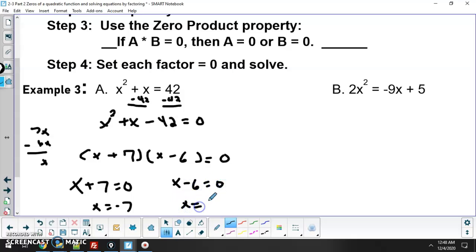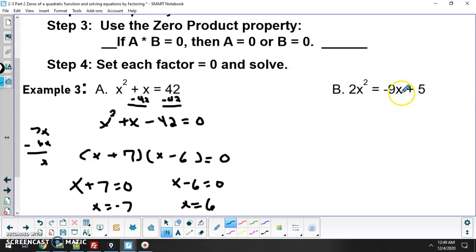Add 6 to both sides, and the other solution is positive 6. You can check it by substituting. 6 squared is 36, 36 plus 6 equals 42. Negative 7 squared is positive 49, 49 plus negative 7 gives me 42. So it checks.